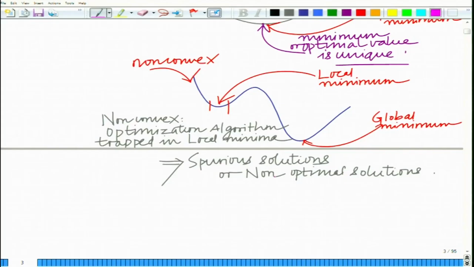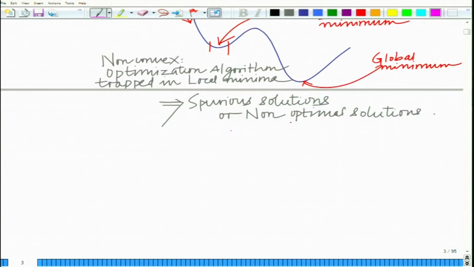So this problem of spurious minima, or getting trapped in local minima, is entirely avoided by a convex optimization problem.